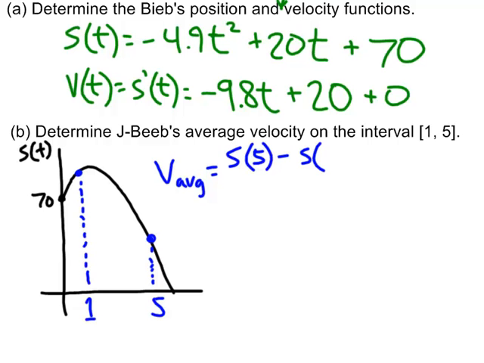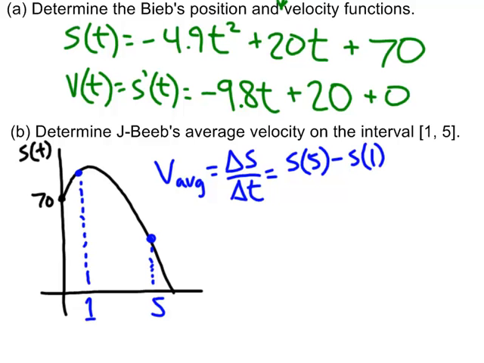I'd like to capture this as delta s over delta t, and remind yourself of the relationship between this and the d equals rt formula from the little kid math days. So delta s really means s of 5 minus s of 1 in this case, over time t equals 5 minus t equals 1. So that's going to be our average velocity.